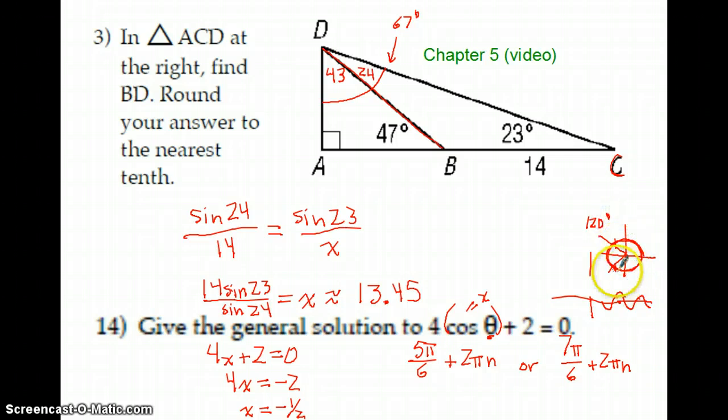It's 30 degrees past 90 and 30 degrees before 270. Sorry, it's 2 pi over 3, and this would be 4 pi over 3. Sorry. My reasoning was good. It's just my estimation of where cosine hits half is wrong. So, sorry about that.